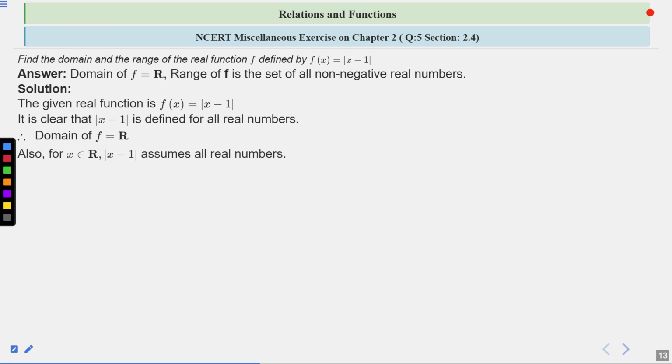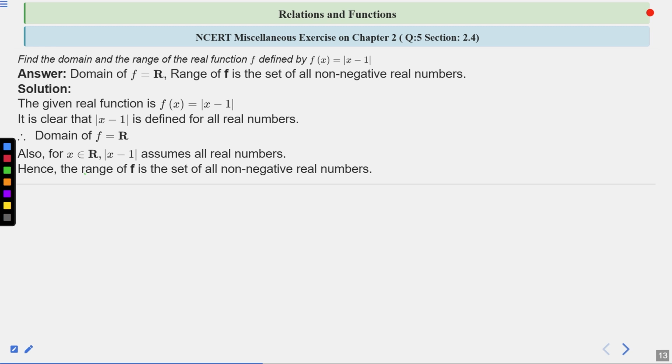Now for the range, from the definition, if you recall, mod x always gives what value? Non-negative outputs, non-negative values. So in this case also, we get the range set as non-negative real numbers. Clear?